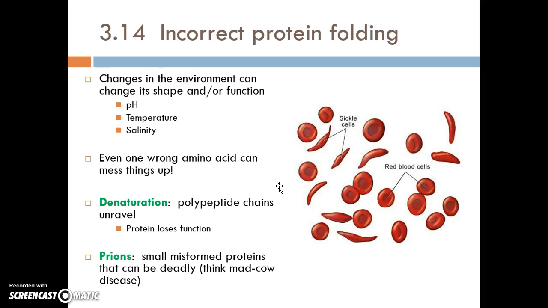If you don't put a protein together correctly, like the folding is messed up somehow, it loses its functionality. Remember, structure equals function? Well, this is what a red blood cell looks like. And this one that sort of looks like a little sausage, these guys are put together incorrectly. And because they're put together incorrectly, they don't work as well, or they may not work at all.